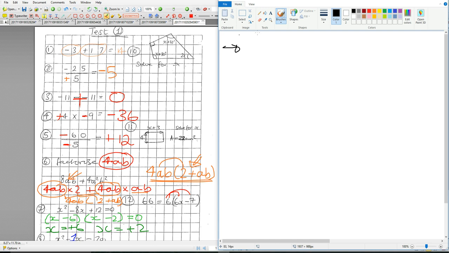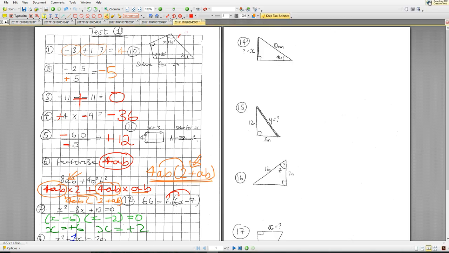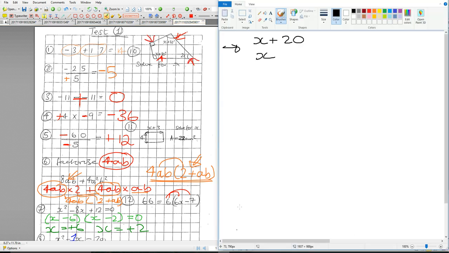So in this we have a quadrilateral, and in all quadrilaterals the angles internally add up to 360. So x plus 20, this angle here, and this angle here, and this angle here, and this angle here must add up to 360. So we have x plus 30, and then 2x, and this angle here, this square is a 90.